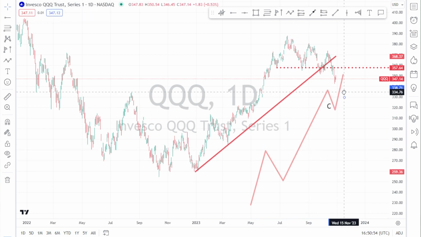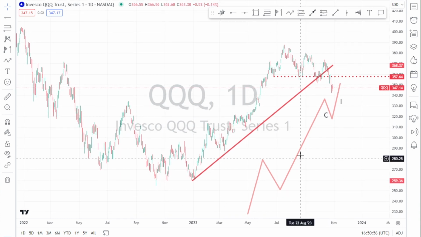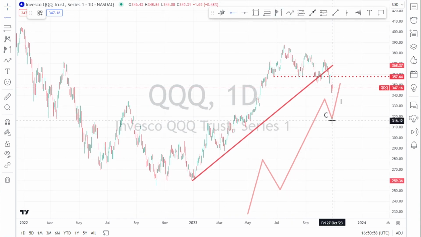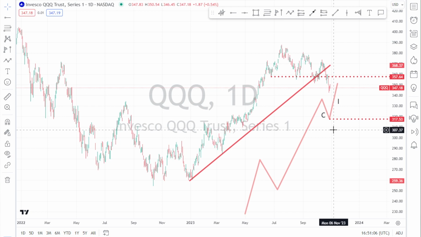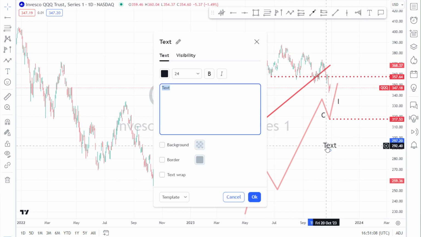Now, when we have the structure, that would make this point right here, the low from the last correction, what's called a control swing low. So I've gone over all this in our trending, how to find trend video, but it's worth reviewing. All right, there's our control swing low.